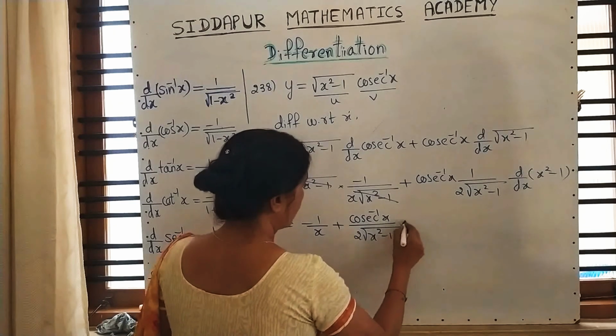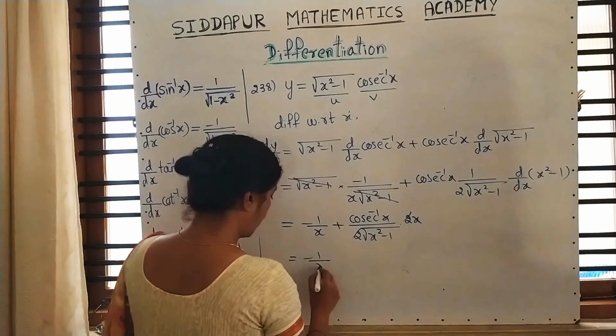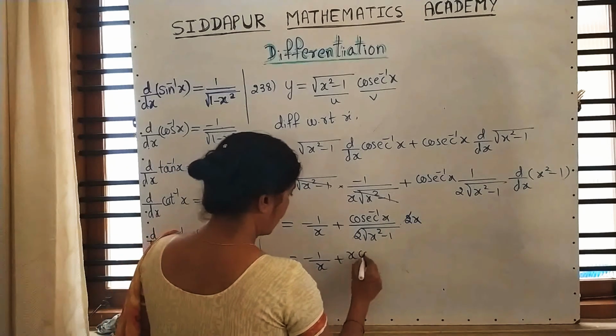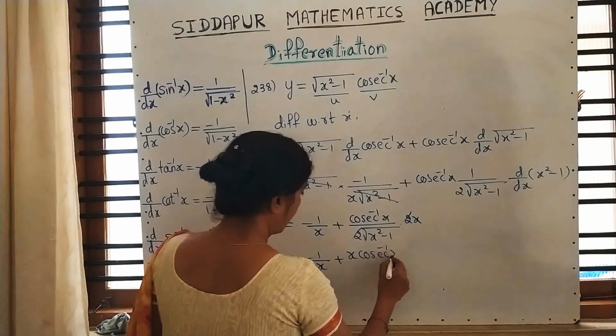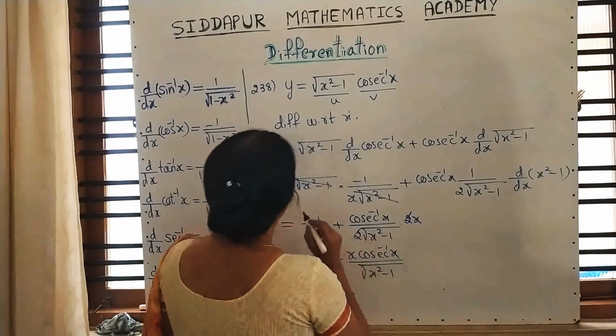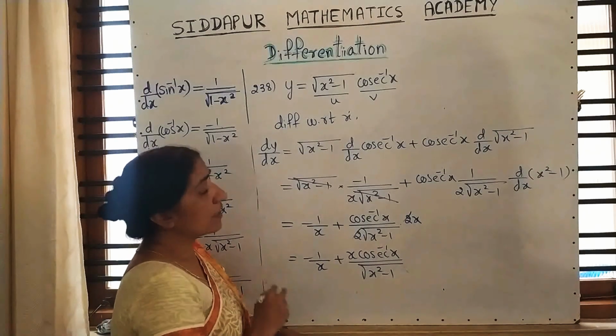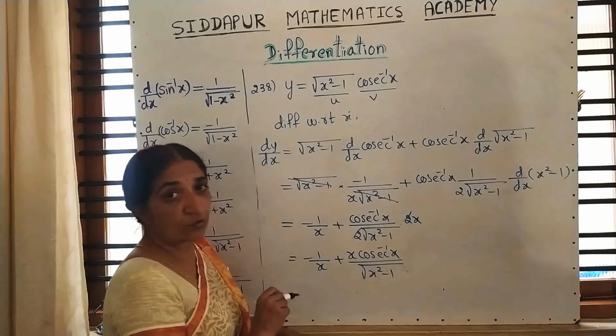And differentiation of x square is 2x. They get cancelled. These are the examples. Continuing with the same, I will explain some more examples in this class only.